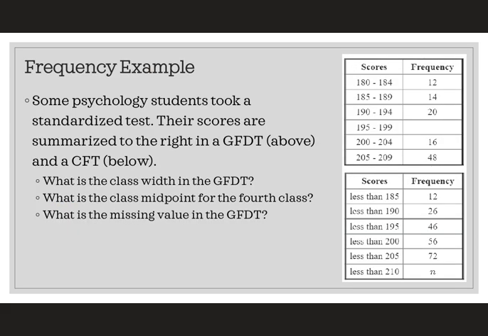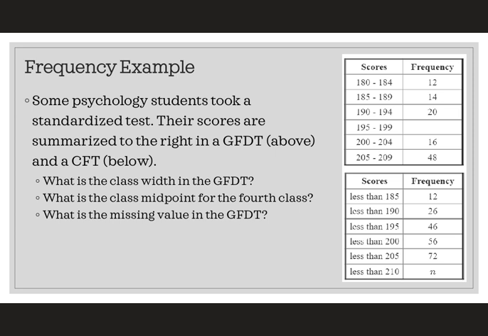All right, some psych students took a standardized test. Their scores are summarized to the right in a GFDT and a CFDT, a general frequency distribution table and a cumulative frequency distribution table, I believe. I don't know why the words escaped my brain.